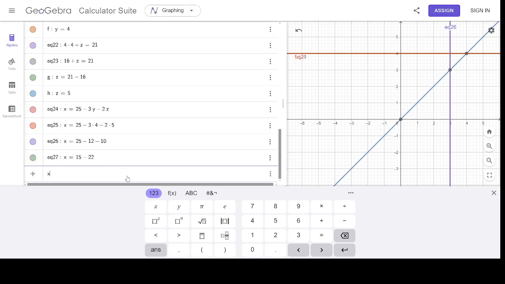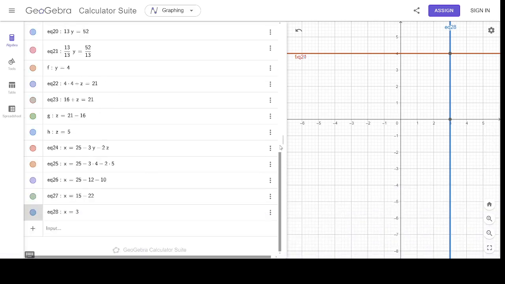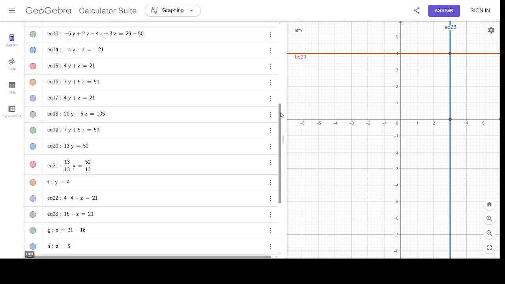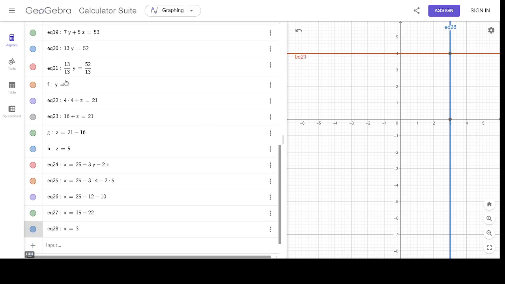X is equal to 3. You get the concept? So in this case, our answers are x is equal to 3, y is equal to 4, and z is equal to 5.